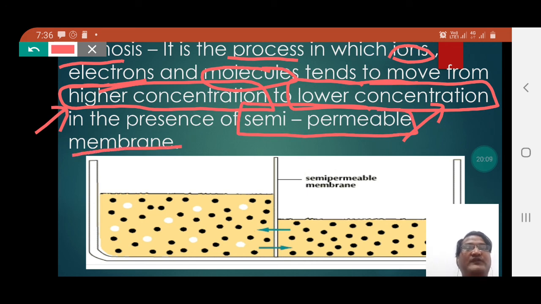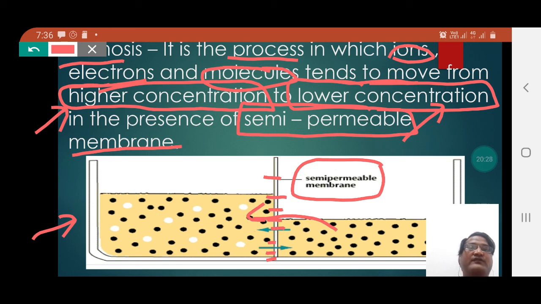Now students, in this picture, you can easily find the presence of a semi-permeable membrane. Now students, this semi-permeable membrane has certain holes in it so that it can allow selective particles to move from higher concentration to lower concentration.